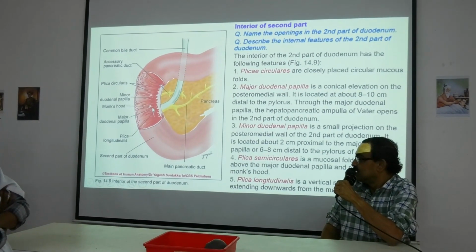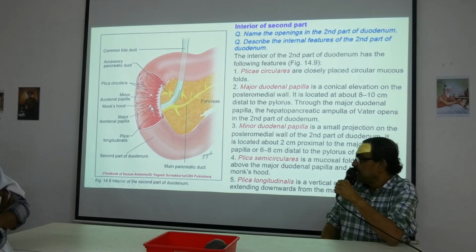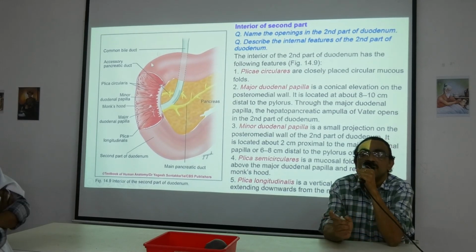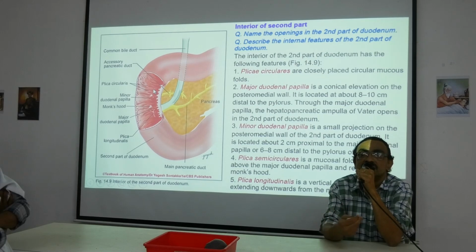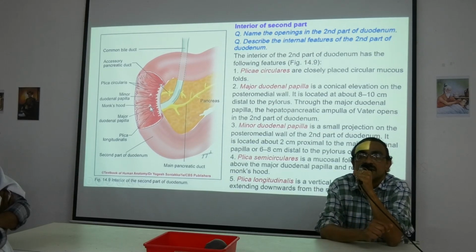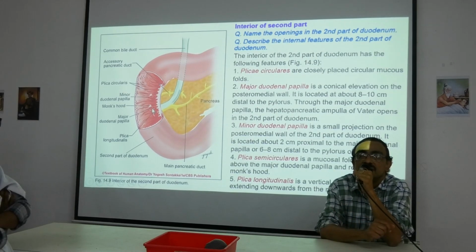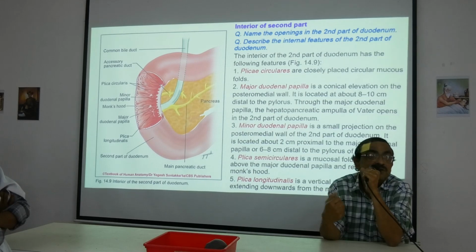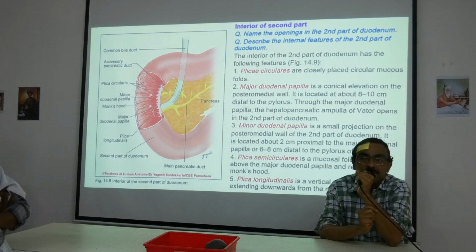You can see there is a major duodenal papilla. So this ampulla of Vater actually passes through the musculature of the second part of the duodenum and ultimately opens, and the opening is called the major duodenal papilla.